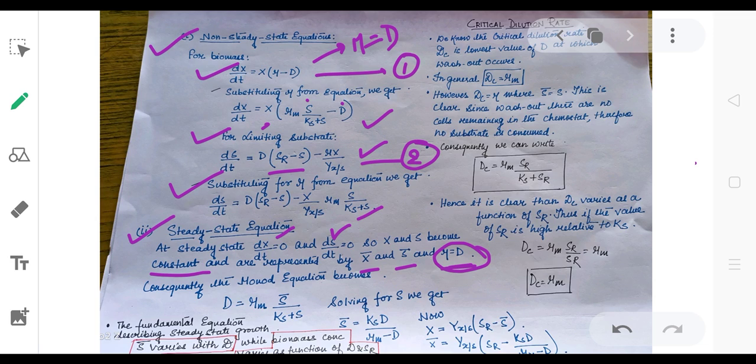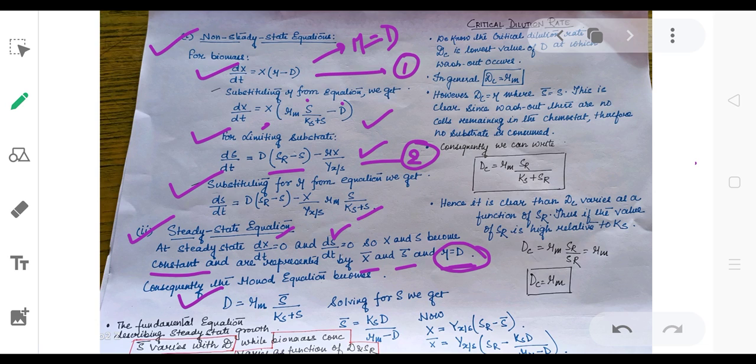So now, again the same thing, substitute mu with the Monod's equation. So what is happening? d is equal to mu m s by ks plus s, right? So this is the basic equation. Okay.